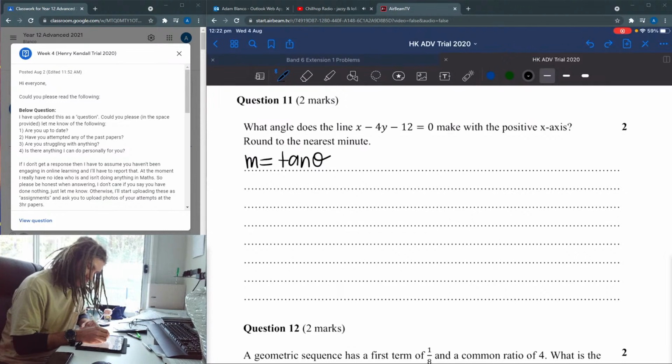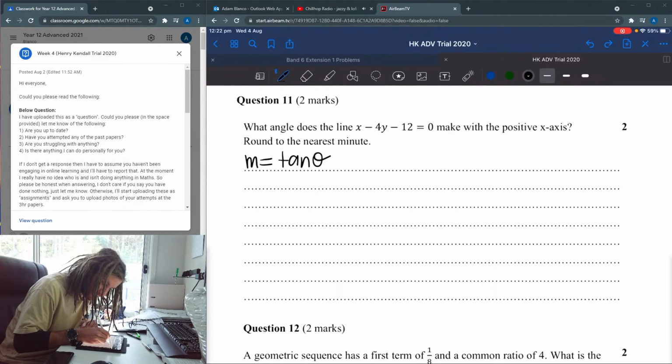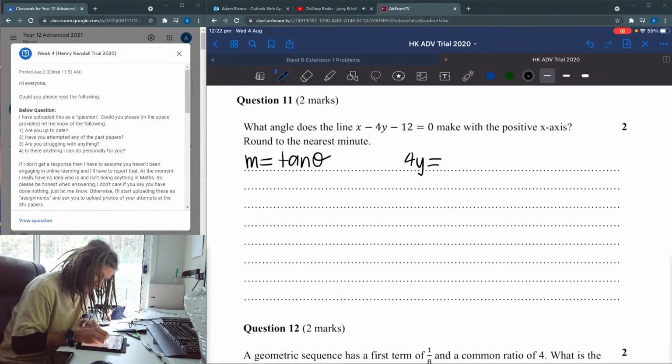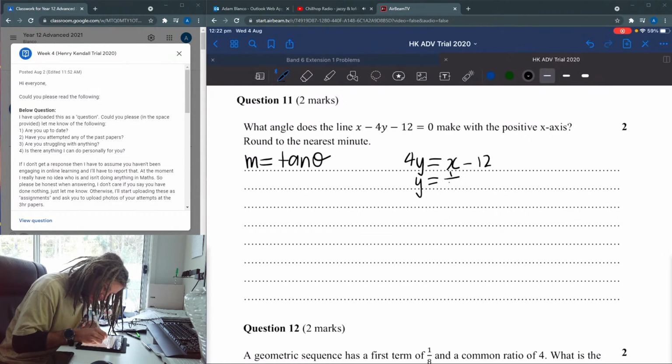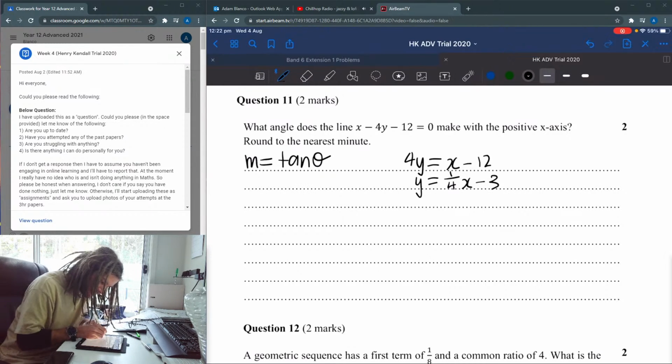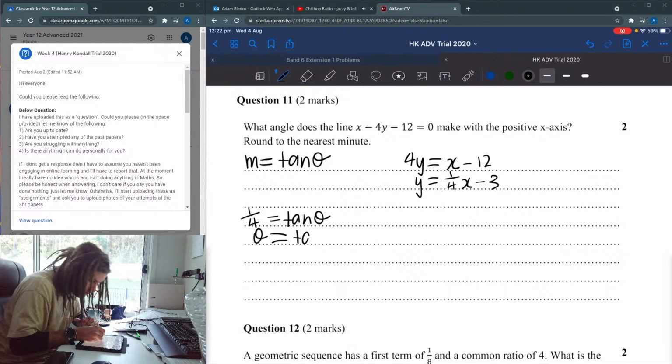Let's just move the 4y. 4y equals x minus 12. y equals a quarter x minus 3. So that means a quarter equals tan theta, which means theta equals tan inverse a quarter.